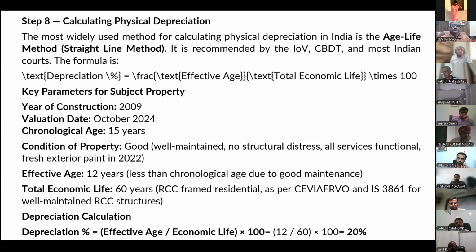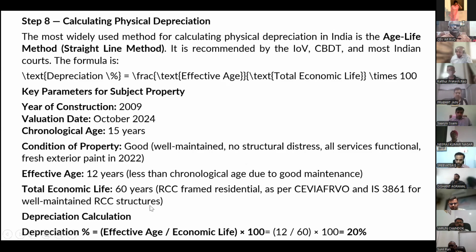So here I am taking effective age as 12 years, though the chronological age is 15 years, because it is a very well maintained property and it has been repainted in 2022, sorry. So here it is a difference of effective and chronological age. So you have to mention why you have taken this effective age.